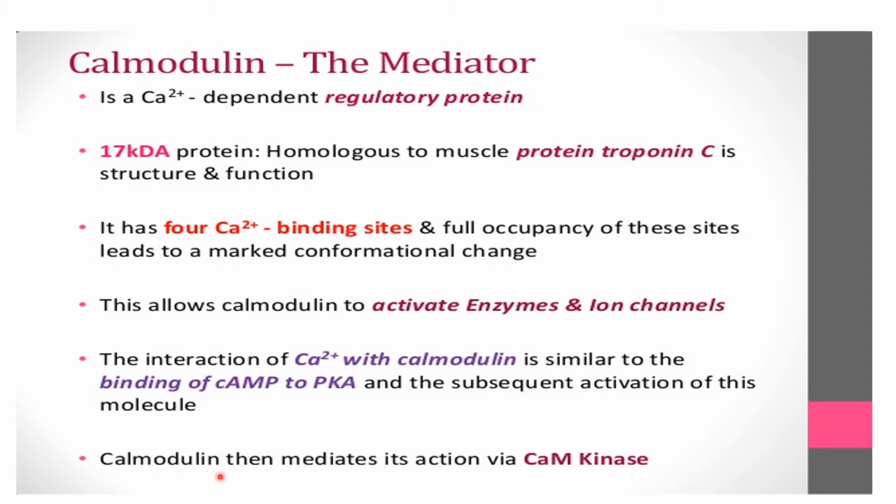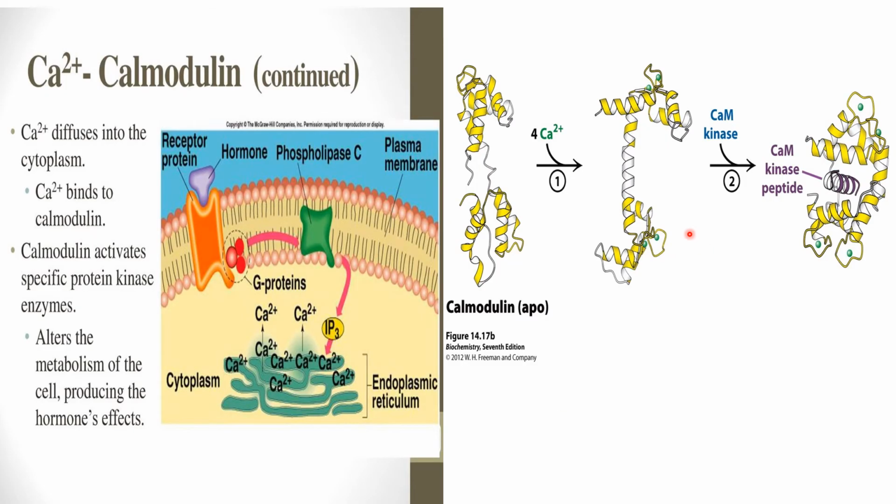Here, calmodulin then mediates its action through CAM kinase. This is the main 3D structure of calmodulin, with its subunits shown here. When four calcium ions bind at their binding sites, calmodulin acquires such a conformational structure, and it activates CAM kinase.